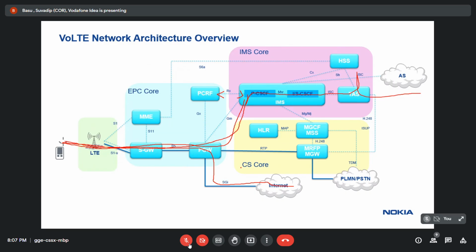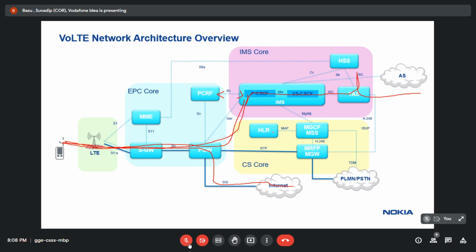If you look at this yellow block, this is the CS core block. Here you see that the HLR is connected to the MSS via the MAP signaling, and between the MSS and the MRFP, the media resource function, we have got the H.248 or Megaco protocol, the Media Gateway Control Protocol. Outside this, you have got your famous IuCS over TDM.